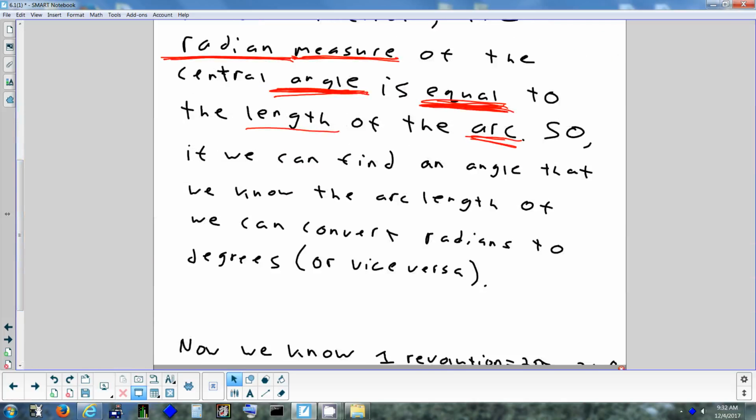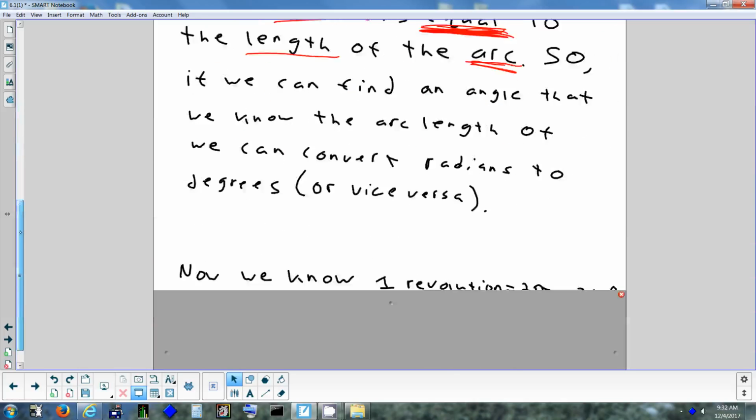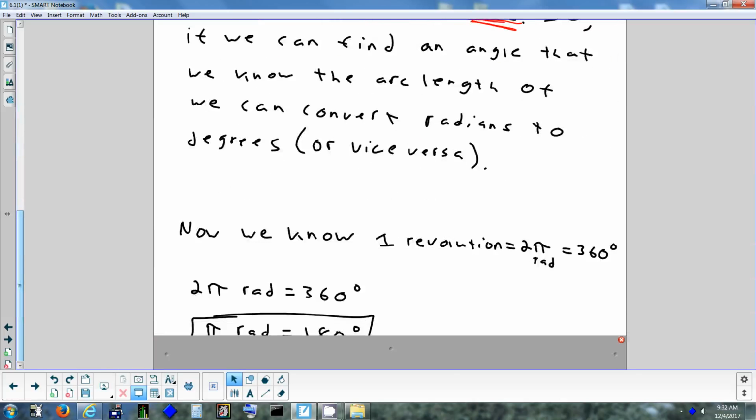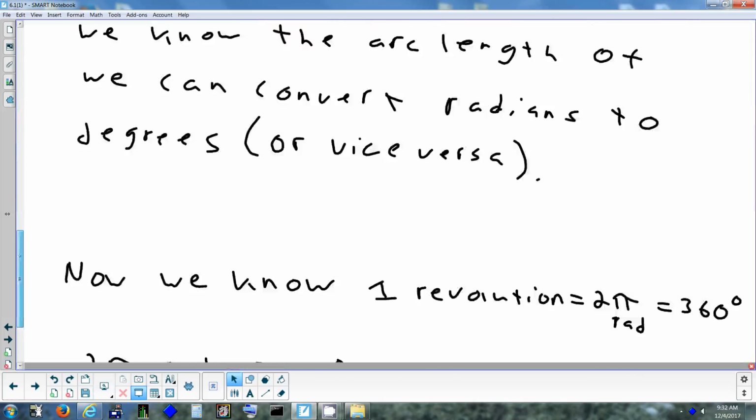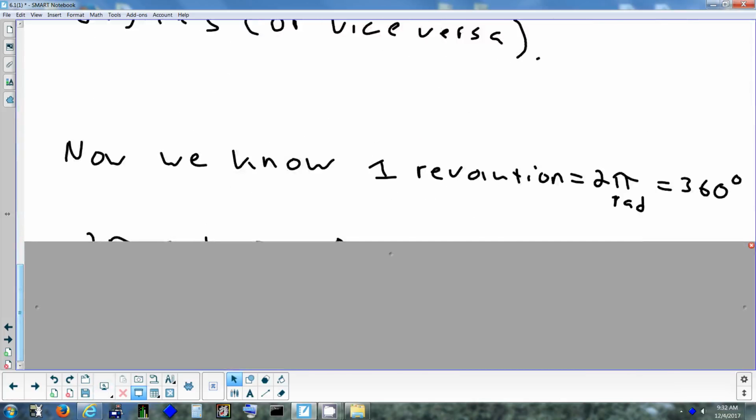We just did the "so" part, everything after that: if we can find an angle where we know the arc length, that's what we just did. So now we know that in 1 revolution, it's 2 pi radians, which is the same as 360 degrees. So here's your conversion right here.